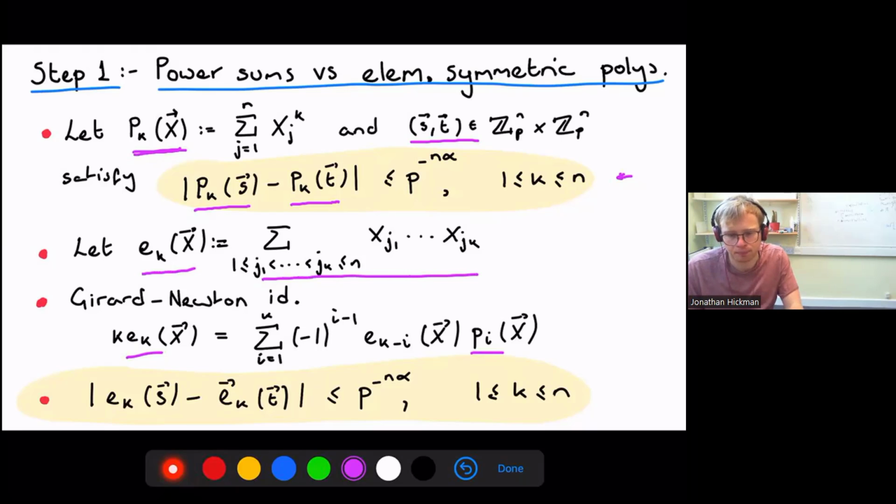And by doing this, we can see that S and T must also be an approximate solution to this system of equations formed by the elementary symmetric polynomials. Okay, so we pass from one system to another.